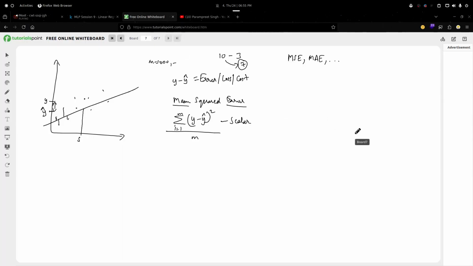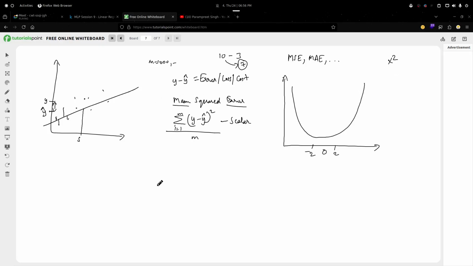Now, as the name suggests, this is a mean squared error. If we plot any square function, let's suppose we plot x square, it will be a parabola, something like this. Suppose 0 is here, 2 is here, minus 2 is here, the values will be the same for the minus as well as plus, because it is squaring it.